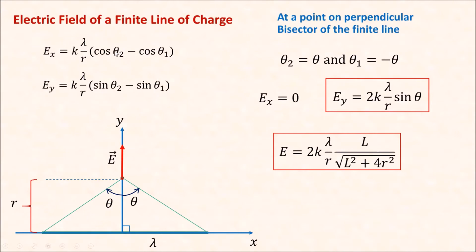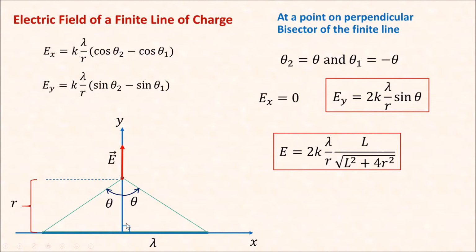And then if you plug in here, the X component becomes 0, and the Y component becomes 2K lambda over R sine theta, sine of this angle. If lambda is positive, meaning positive charge is uniformly distributed over the line, the electric field is away from the line. If the charge is negative, the electric field will be toward the line.